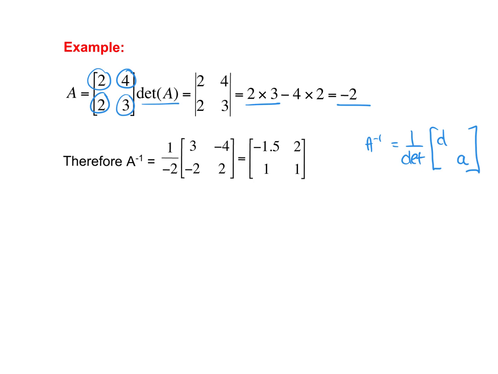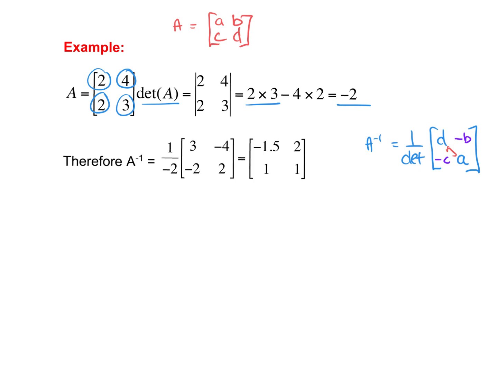So remember, we said if we had a basic matrix like this, okay, oh gosh, my pen. Okay, if we have a basic matrix like this, when we're finding the inverse, the first element is A and then B, C. You'll notice that these two numbers get swapped and then the B number becomes negative and the C number becomes negative, and then you multiply by that scalar number that you've calculated with the determinant.